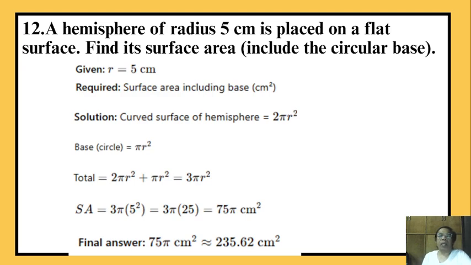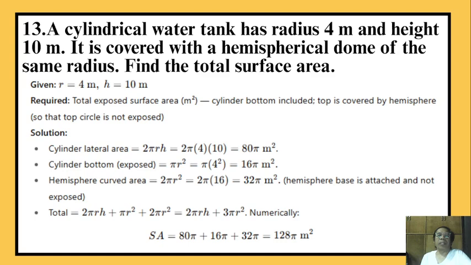So therefore, the formula to get the surface area including the base is equal to 2 pi r squared plus pi r squared, or simply 3 pi r squared. Substituting now the given radius, the final answer is 75 pi centimeters squared, which is equivalent to 235.62 centimeters squared.